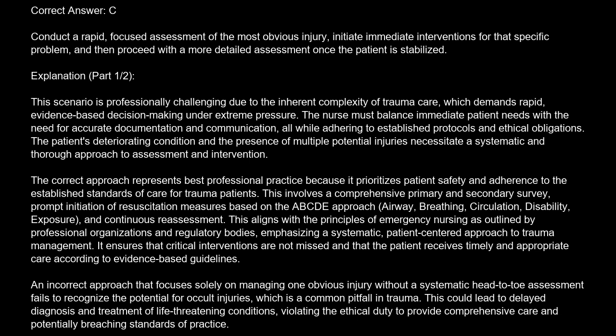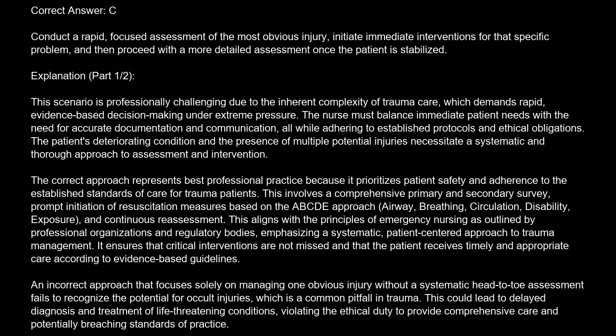The correct approach represents best professional practice because it prioritizes patient safety and adherence to the established standards of care for trauma patients. This involves a comprehensive primary and secondary survey, prompt initiation of resuscitation measures based on the ABDE approach, airway, breathing, circulation, disability, exposure, and continuous reassessment.